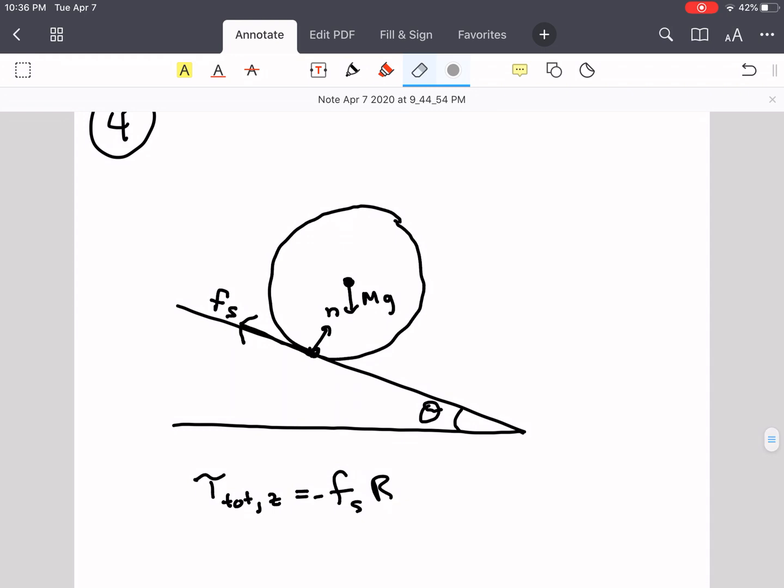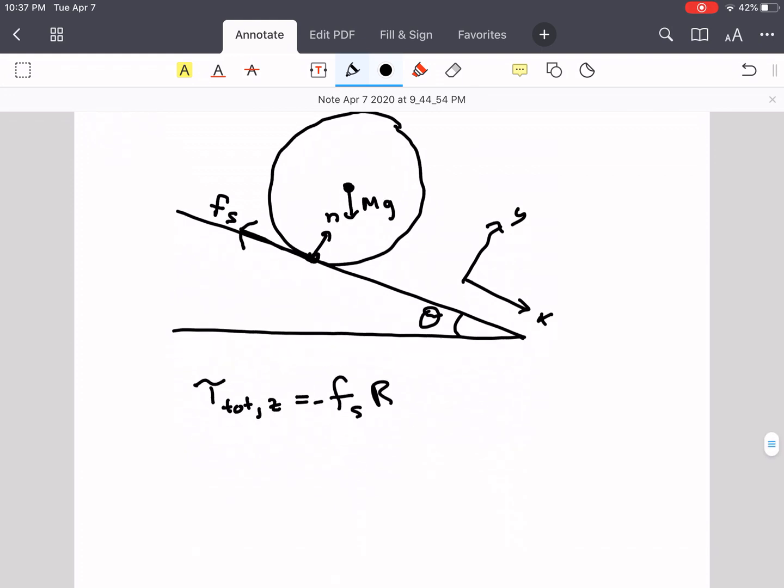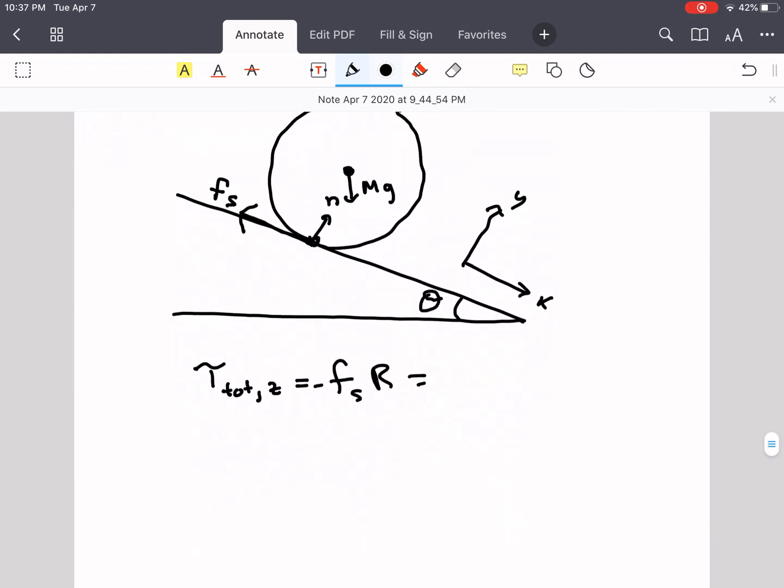And if we introduce our usual axes, I will not redo this derivation. It was done in lecture 21, the previous lecture. It's pretty straightforward. We usually just break this guy up into components, but what we did solve for is the total force in the x direction, which is down the hill.